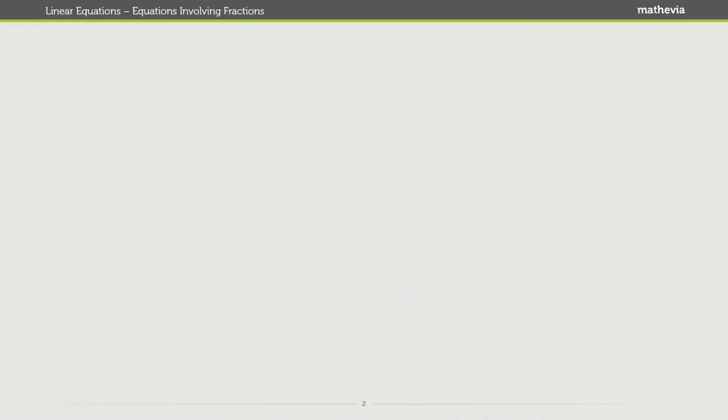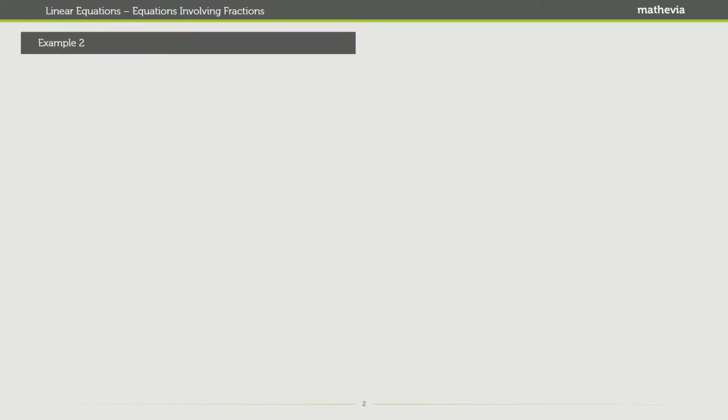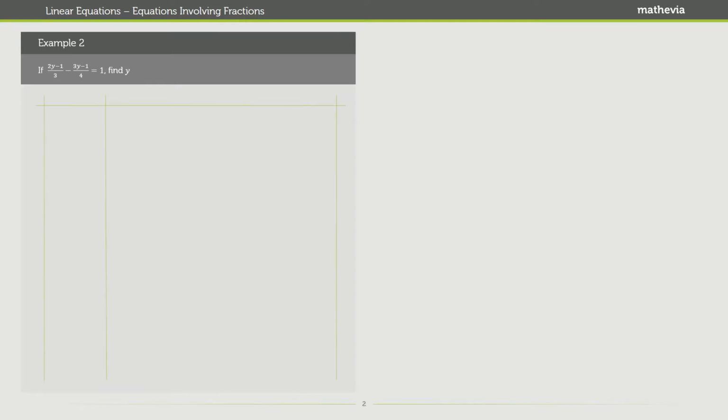Now, example 2, and example 2 gets a bit more complicated. At this point we actually have two fractions on the left and no fraction on the right; we have a whole number on the right. Solving this kind of question, I usually prefer finding a common denominator.